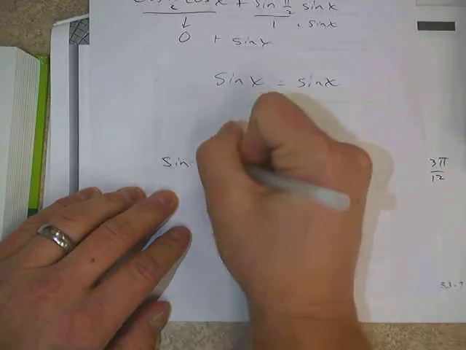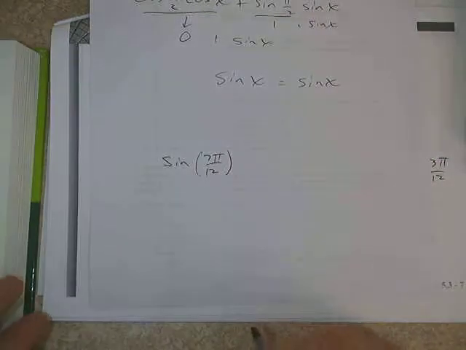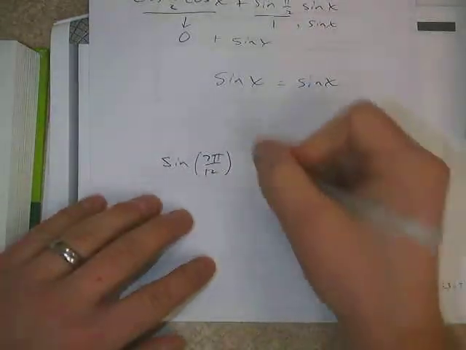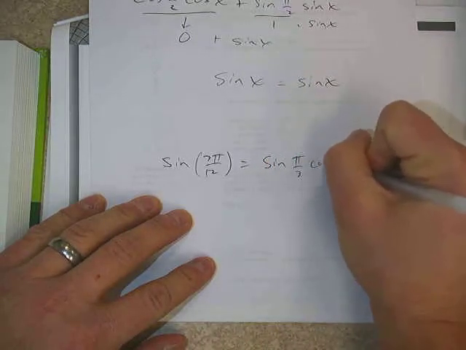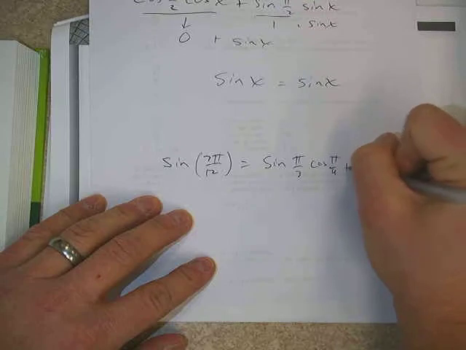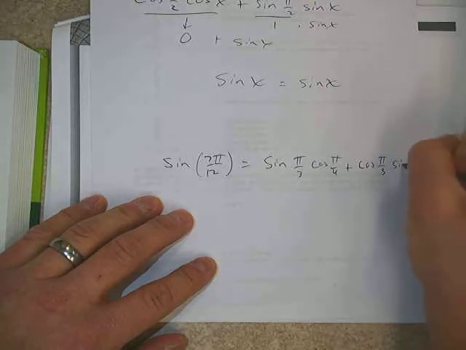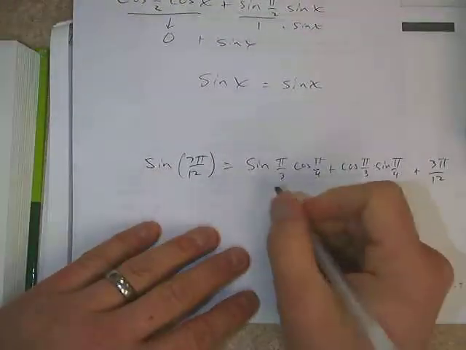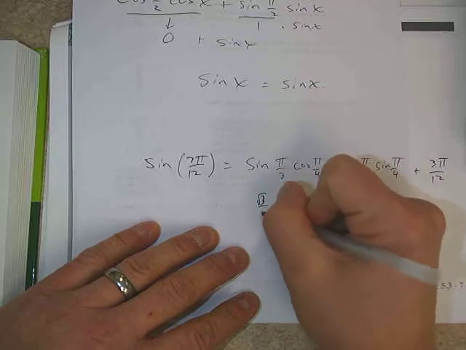Okay, also want to look at on page 468, if you look at number 6 that's in the homework part. If we had to start with that 7 pi over 12, just like we ended with a minute ago, we already know the answer is going to be sine pi over 3 cosine pi over 4 plus cosine pi over 3 sine pi over 4.